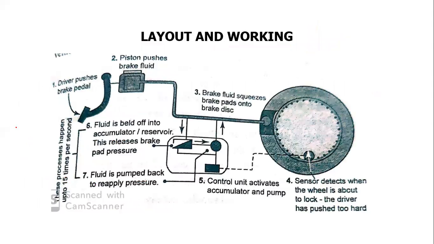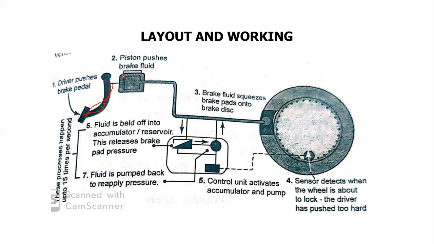Here is the typical layout, or a simple layout, of an ABS system. Here we can see all the major components listed in the previous slide. This one is the braking pedal of an automobile.